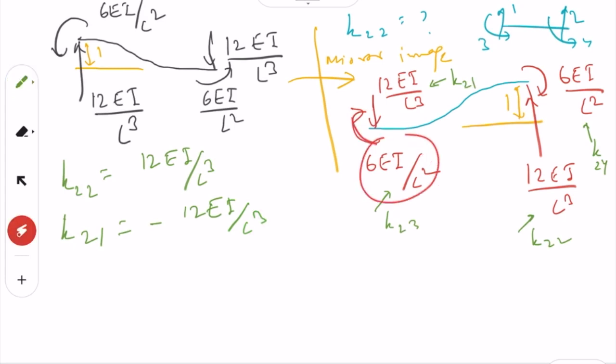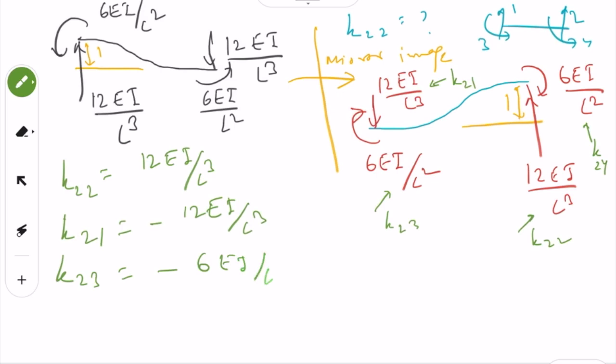K23, if you say clockwise, so minus, so K23 equals minus 6EI over L square, and this is also minus since clockwise, so K24 is equal to minus 6EI over L square.